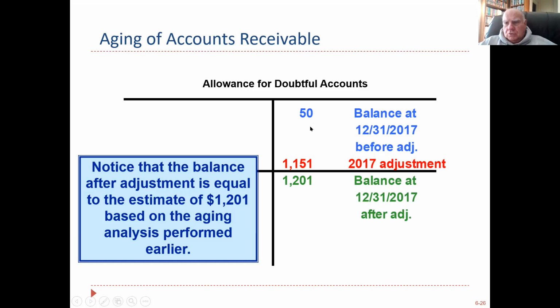Anytime you credit the allowance for doubtful accounts, you automatically debit bad debt expense. No exception to that. So if I said to you, what was the debit to this journal entry, you know it's bad debt expense, because the only time you credit the allowance is when you're debiting bad debts expense at month end as an adjusting journal entry.